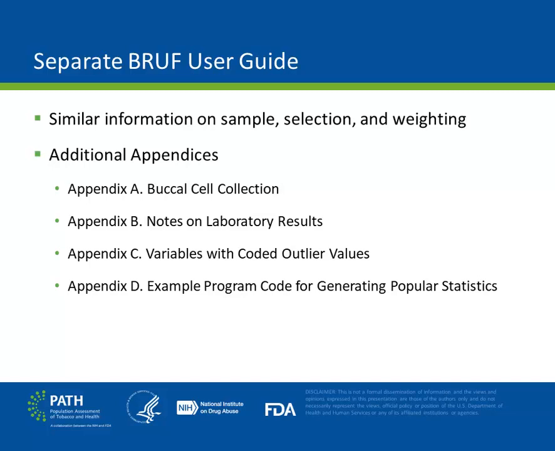Appendix B provides notes on laboratory results that may be relevant to analysts as they construct their analytic sample. Appendices C and D provide variables with coded outliers and example program code for generating popular statistics, respectively.